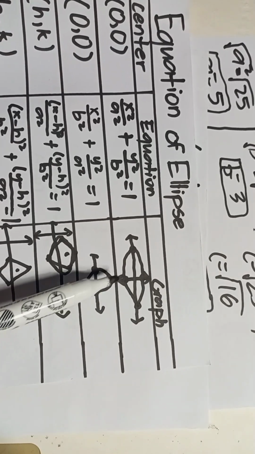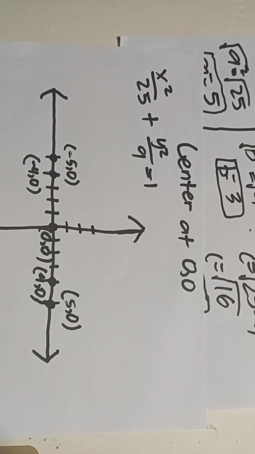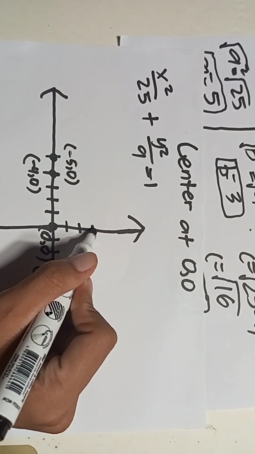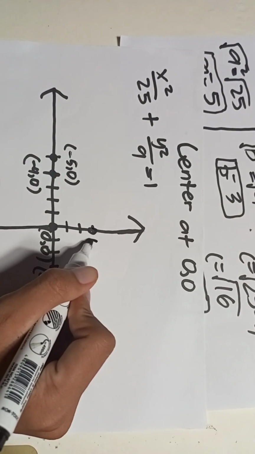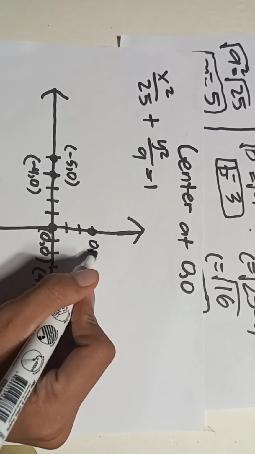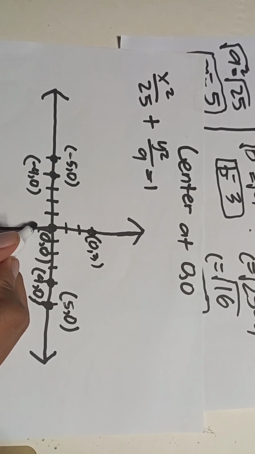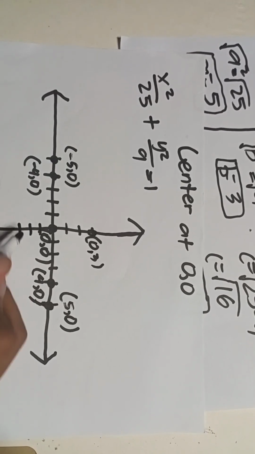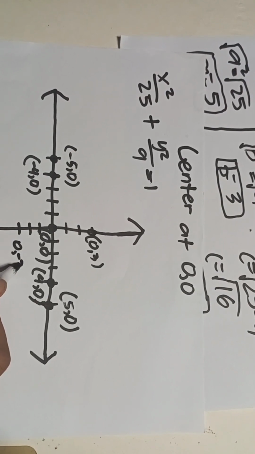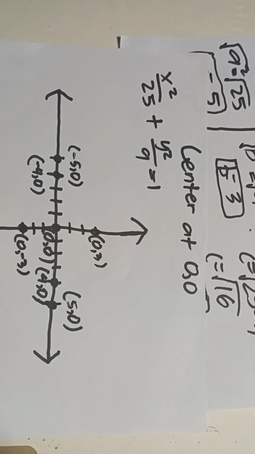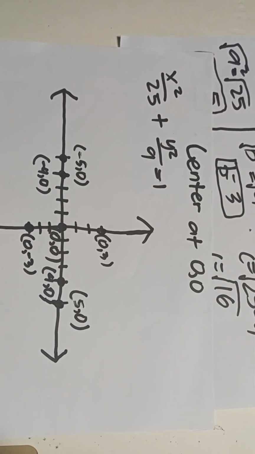Our co-vertex is 0, 3. Just do the same, 1, 2, 3. Our other co-vertex is 0, negative 3. And now we are going to connect the dots.